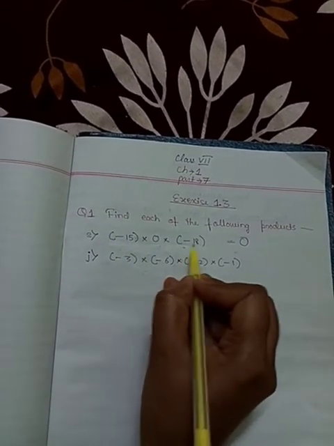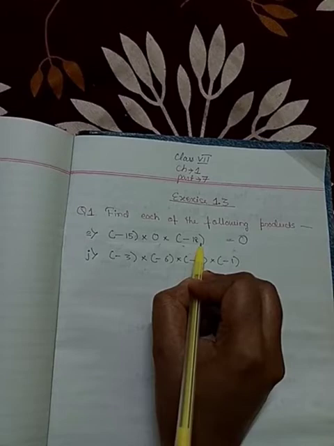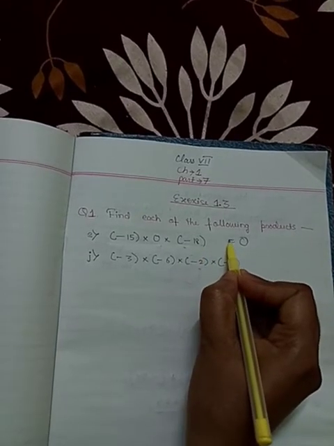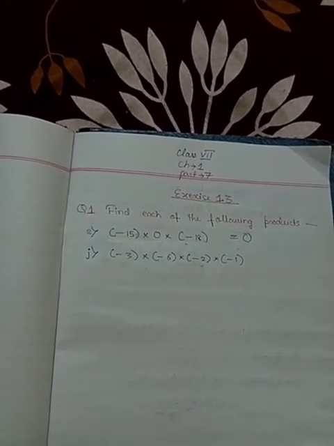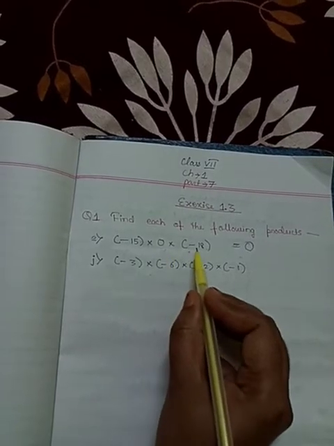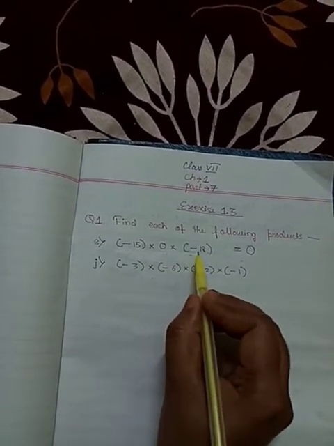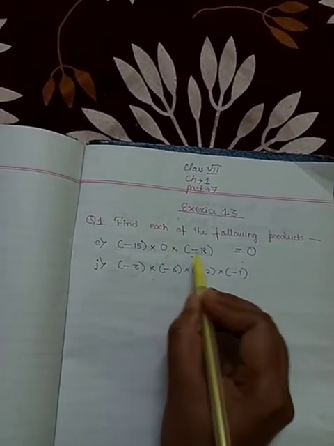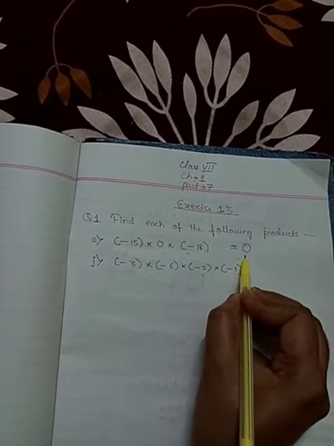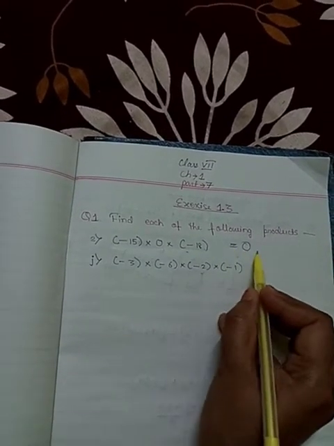Without doing any multiplication process, we just write down the answer as 0, because every number when multiplied with 0 becomes 0. So the answer will be 0.